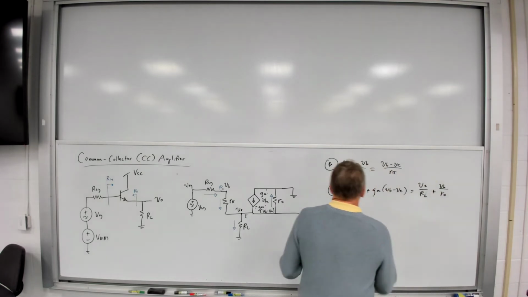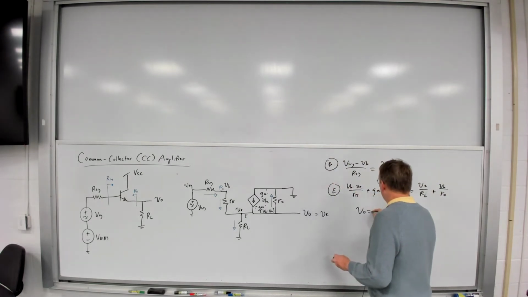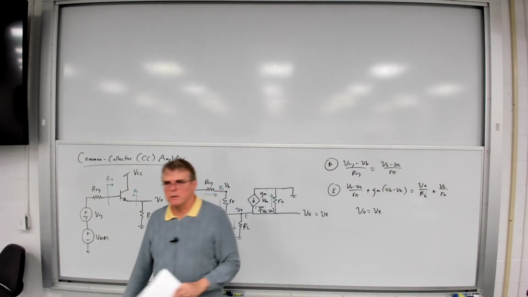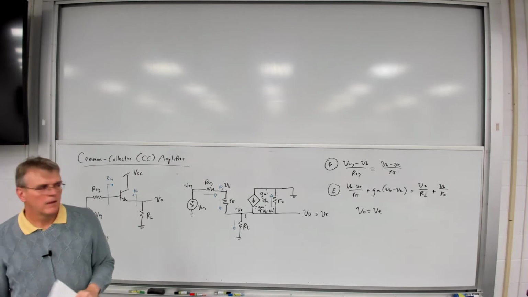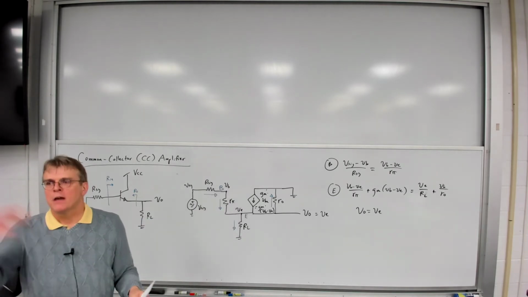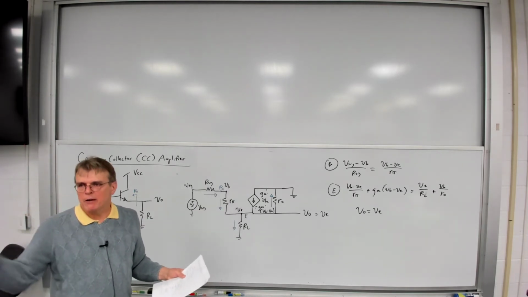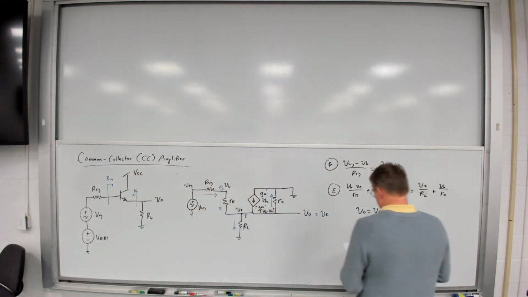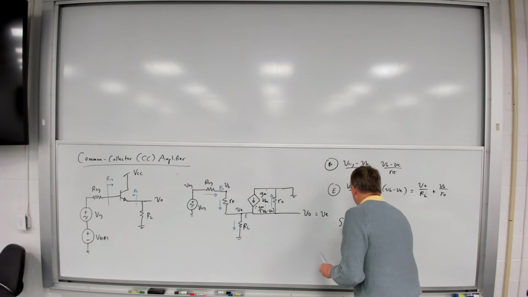And of course, VO is equal to VE, so I can just go in and substitute VO in place of VE in all those equations. So I take those three equations, again, combine them and go through a lot of algebra that I'm not going to spend time on. But if we do that, we will get the following.